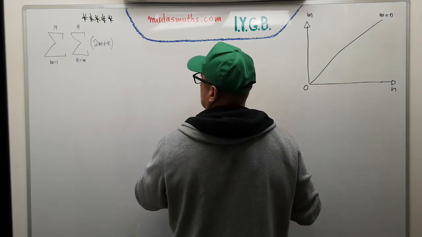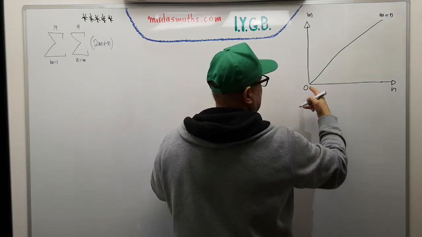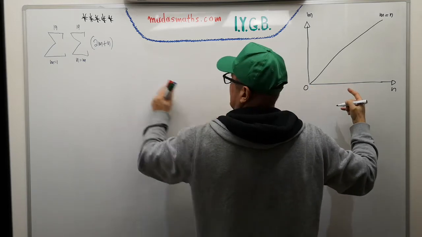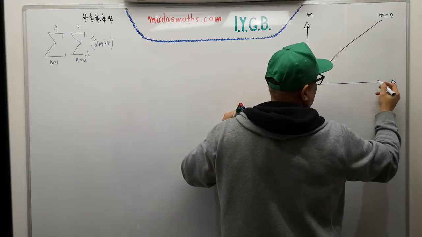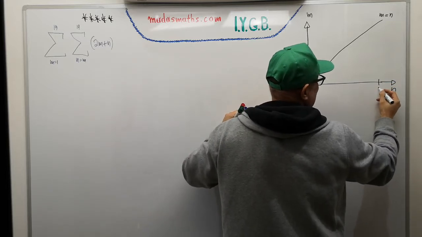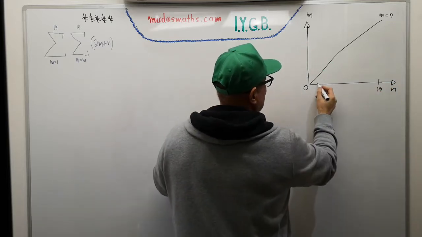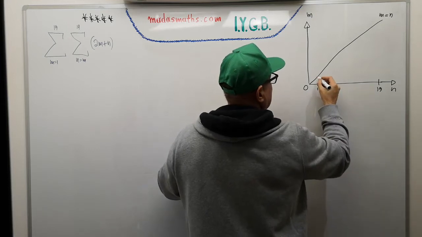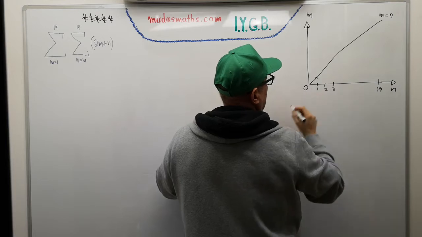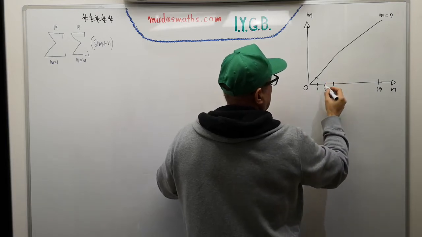And I need to go to n is equal to 19. I'm looking at this integral here. Not integral, I said integral, but it's the same ideas, believe it or not. So that's going to be 1, 2, 3, all the way up to 19. And of course, it's only these points that are there.